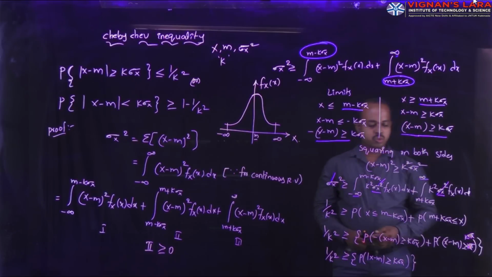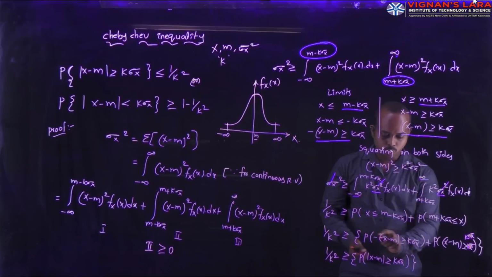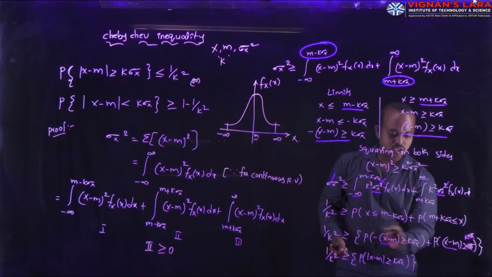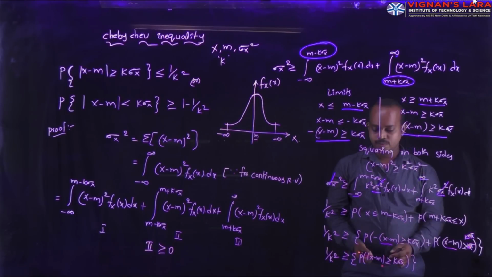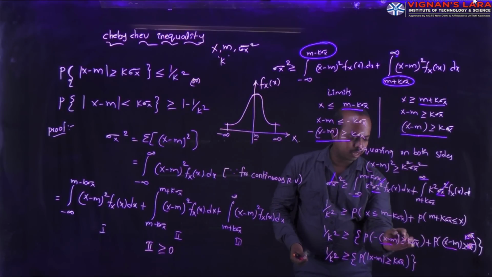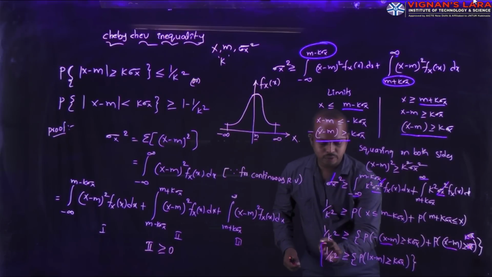These are the quantities we have in this relation. From these two terms, what is the common term? Here x minus m, here x minus m. The sign is changing. That's why I am writing the modulus. The modulus of x minus m greater than or equal to k into sigma x is our required equation.